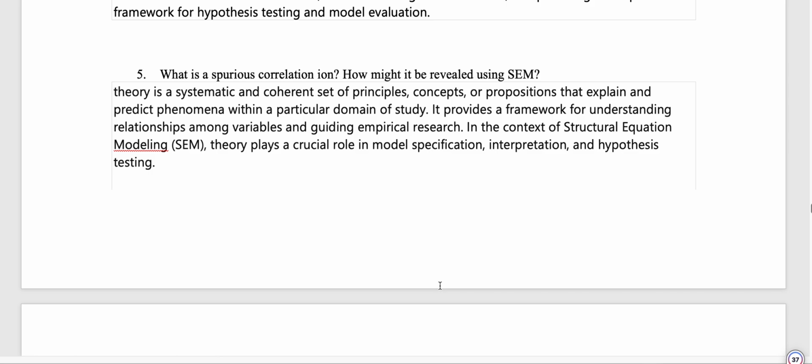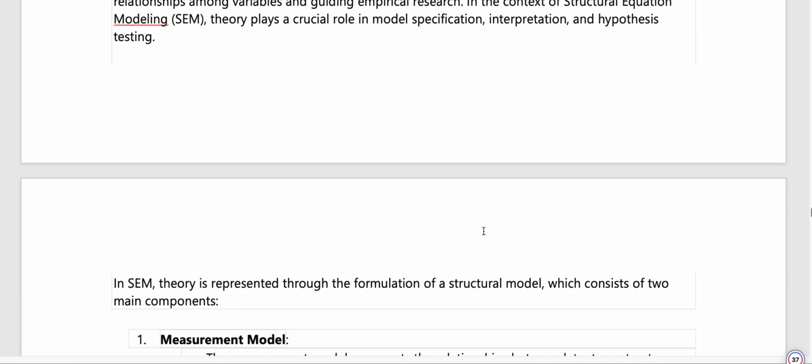It provides a framework for understanding relationships among variables and guiding empirical research. In the context of structural equation modeling, theory plays a crucial role in model specification, interpretation, and hypothesis testing.